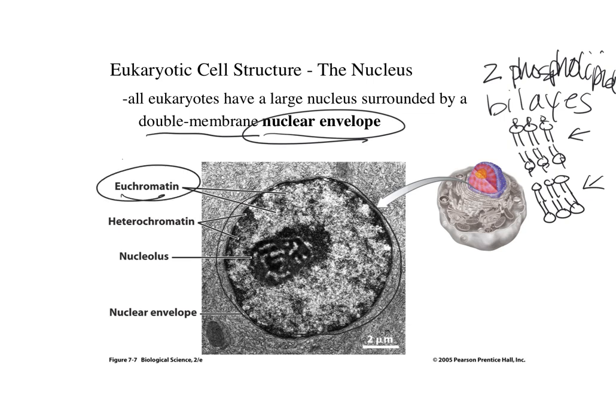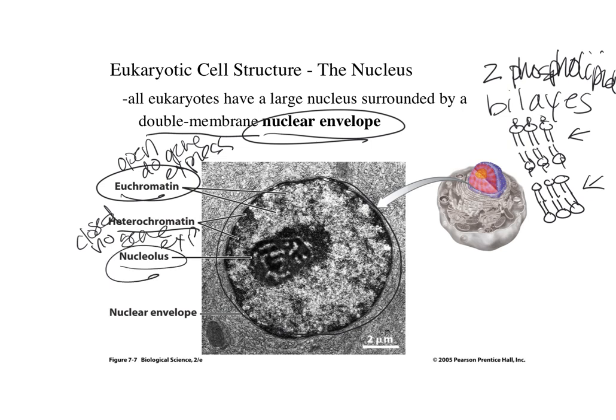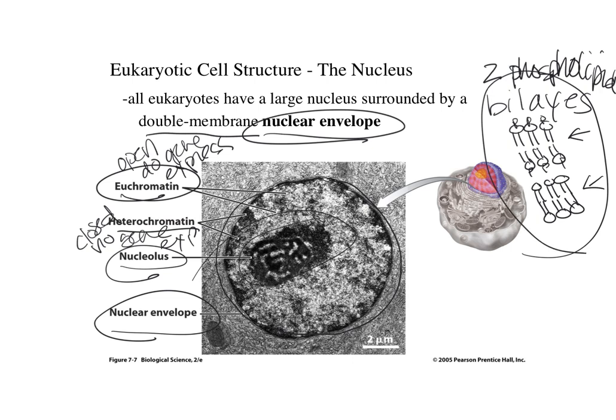Euchromatin, that's the stuff that's open where we do gene expression. Heterochromatin, closed, no gene expression. The nucleolus is where it's all packed in together. And then there's your envelope, right? Double bilayer.